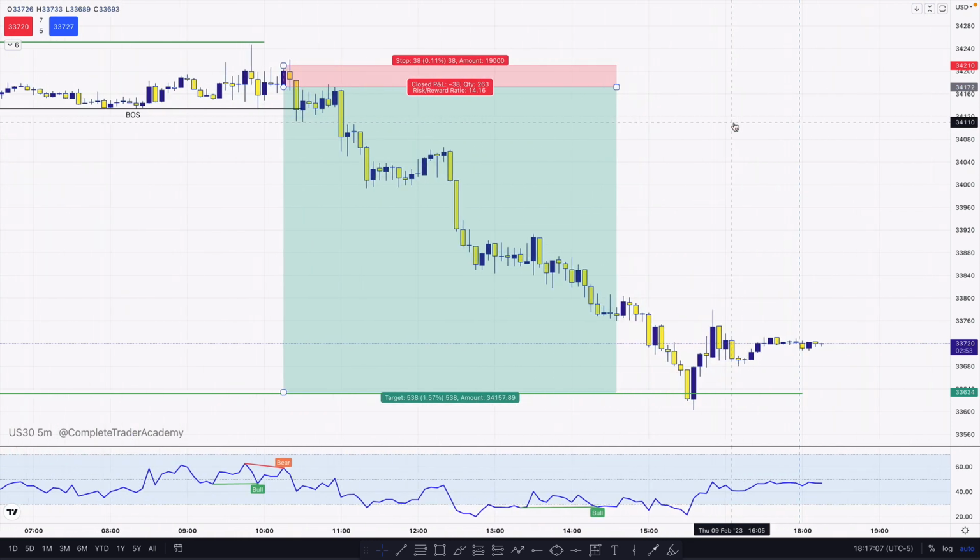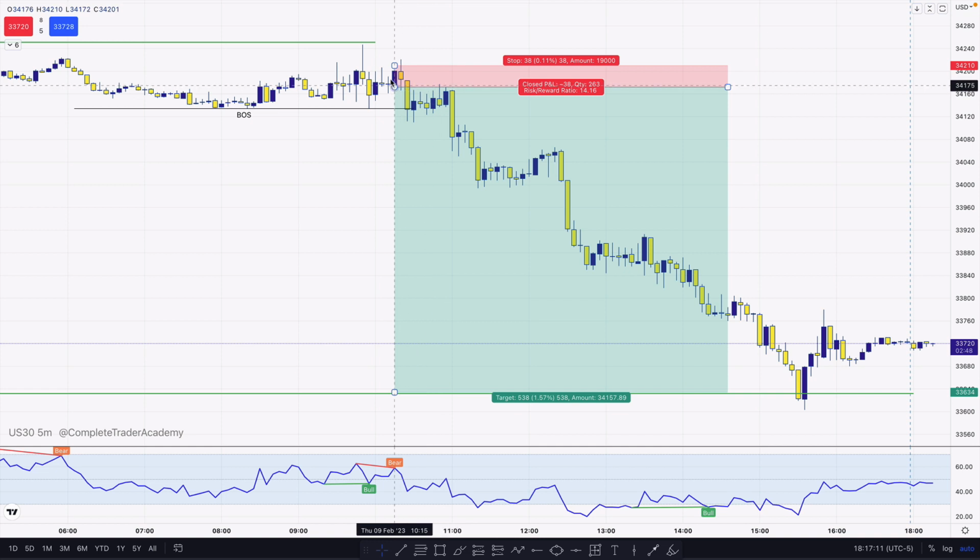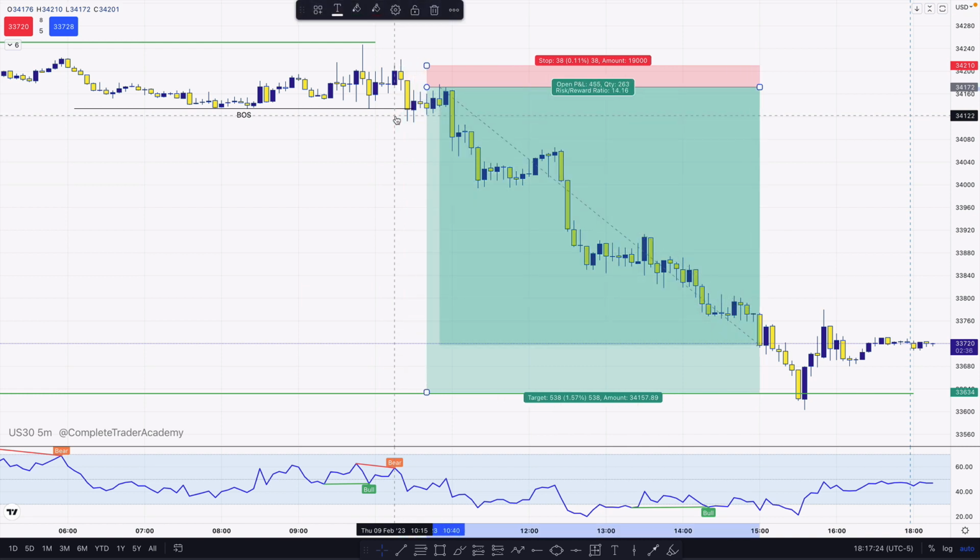Now you can see here very clearly when it broke, price comes back right into this block that's underneath this line, underneath my cursor, right into that block by a point. I'm going to move this because they love to freak out. This block right here, look at the low.